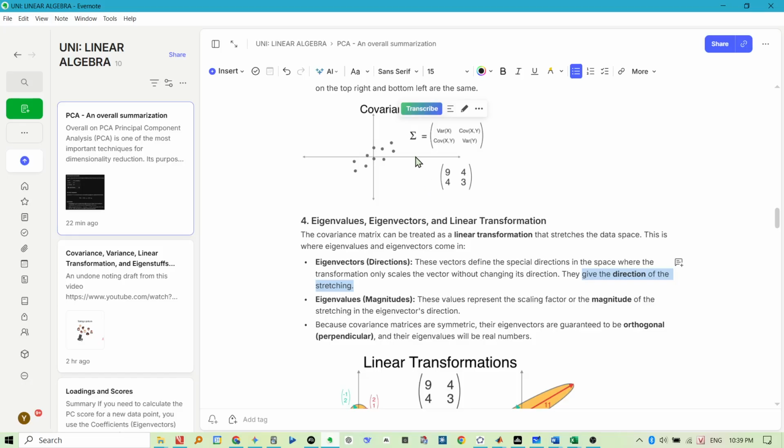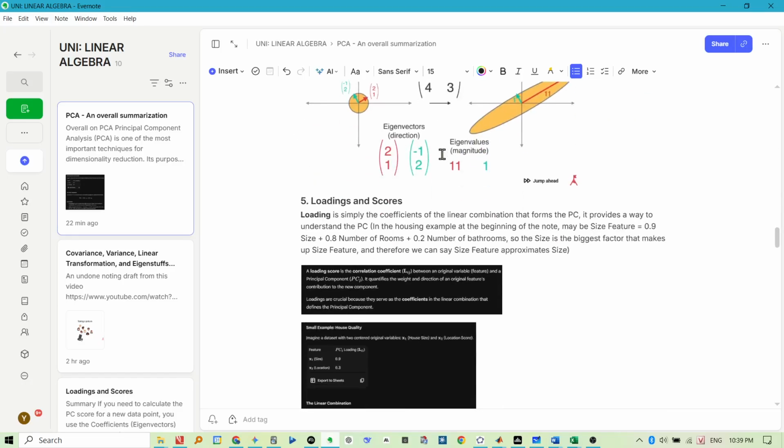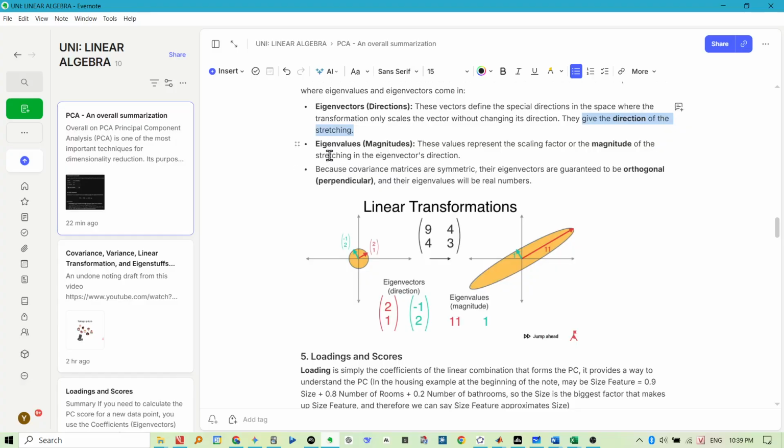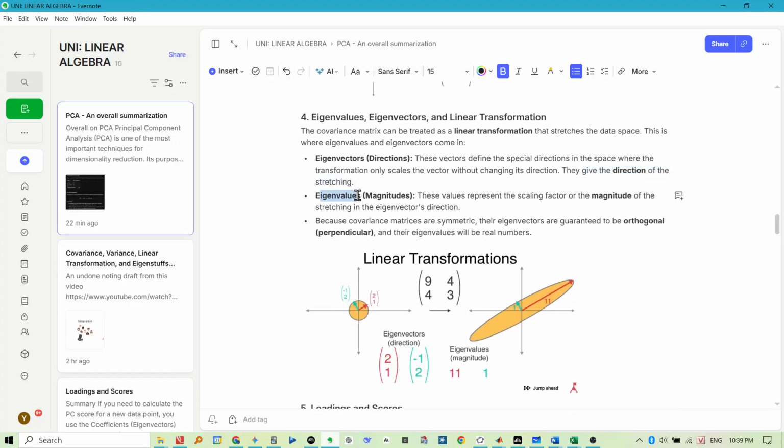So, for example, let me just talk over the eigenvalues. The eigenvalues indicate the magnitudes of that stretch in that direction. The direction is indicated by eigenvectors. The magnitude is indicated by eigenvalues.